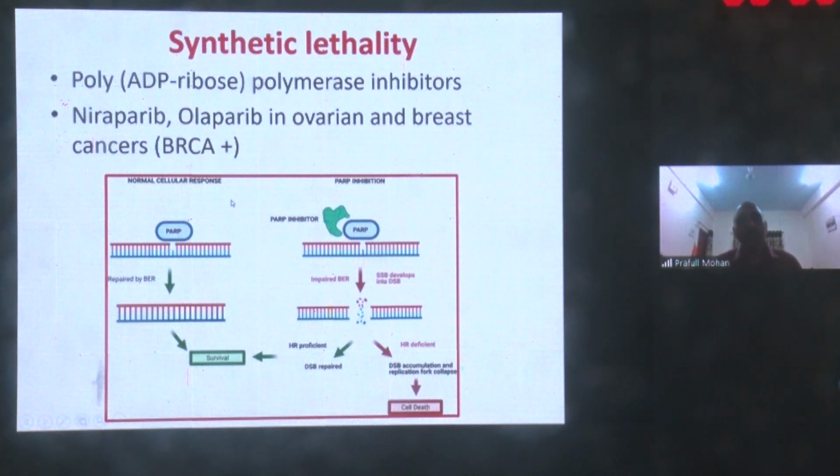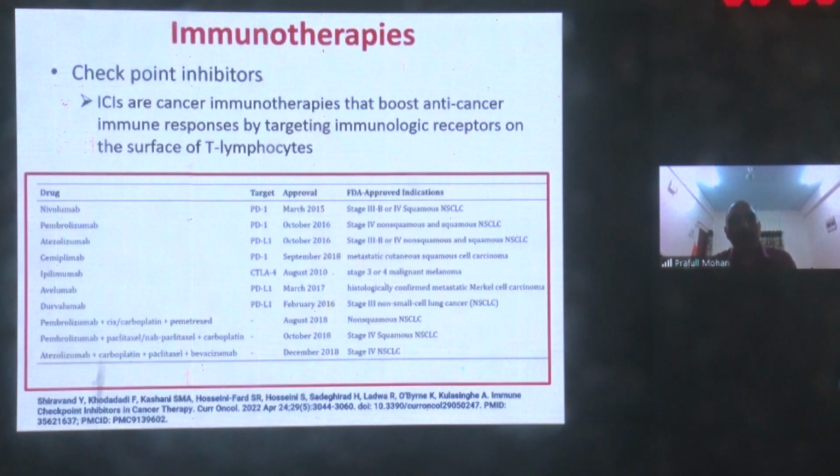So that's why PARP inhibitors are useful, and are approved for ovarian and breast cancer which are BRCA positive. If you give these drugs in BRCA negative patients, wherein this HR dependent pathway is intact, then they will not have any effect. So there is a case where there is already some kind of a mutation which makes the cell vulnerable to something else, and you give that something else in the form of PARP inhibitors. So this is the synthetic lethality concept, on which a lot of work is going on at least.